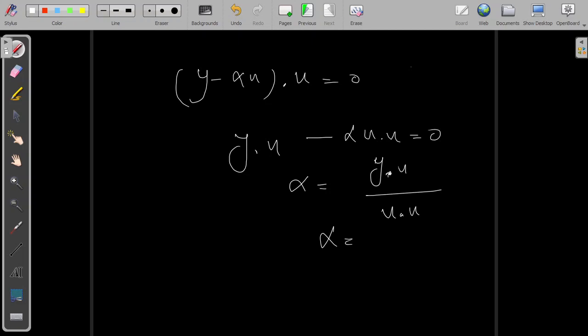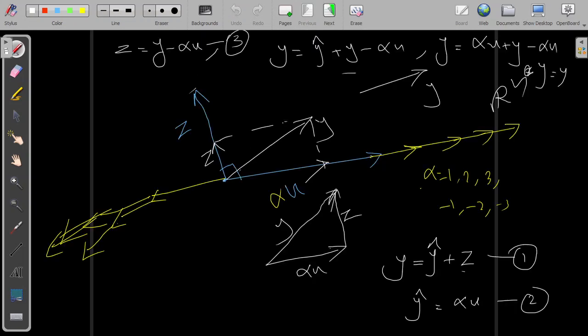Alpha is such that it satisfies equation number 4, that is y dot u divided by u dot u. If that is satisfied, then only you can resolve this vector y into alpha u and z, that is y is equal to y cap plus z.